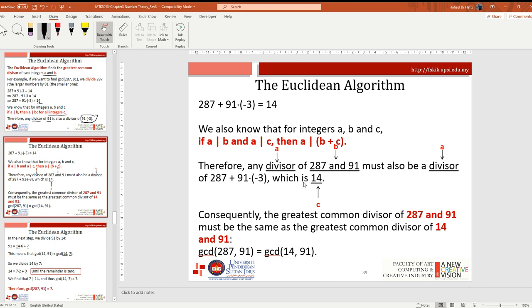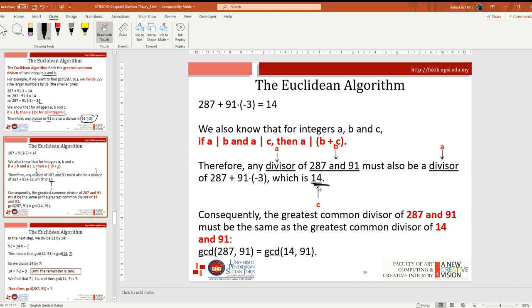Therefore, any divisor of 287 and 91 must also be a divisor of 14. So we can conclude that 287 plus 91 multiplied by negative 3 is 14.